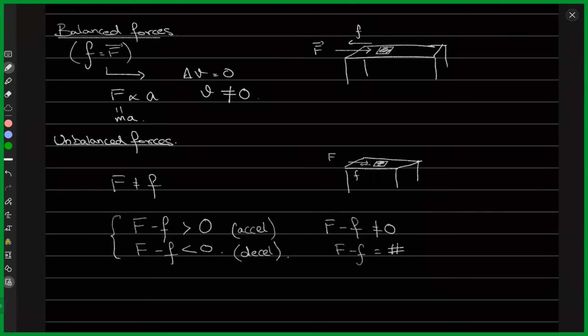Could you explain those two points again? Yeah, sure. Okay, so imagine that you're pushing a book that's just sitting still on a table, right? Now, when you push this book, you're applying some force to push the book forward.